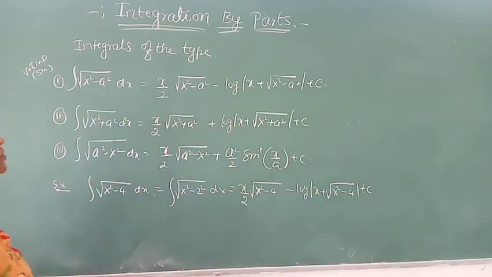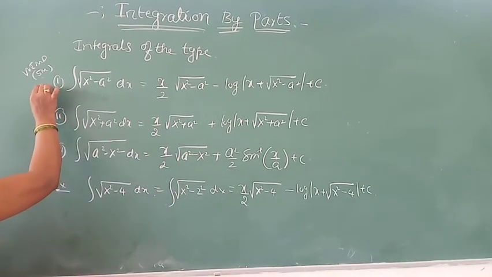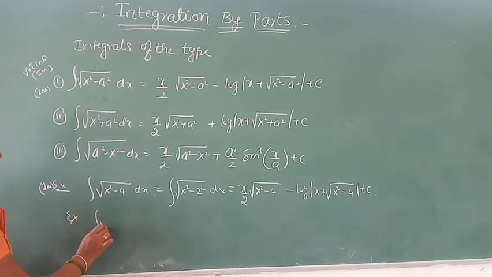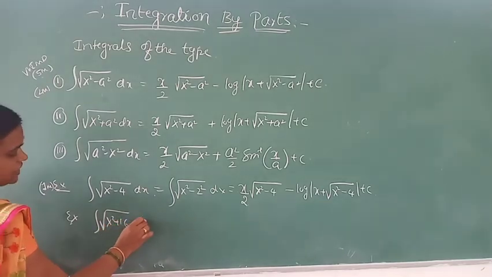Okay, just concentrate. This derivation carries 4 marks. If they mention an example, that example carries 1 mark. 4 plus 1, total marks is 5 marks. Okay, next example, I will take another one. Integration of root of x square plus 16 dx.